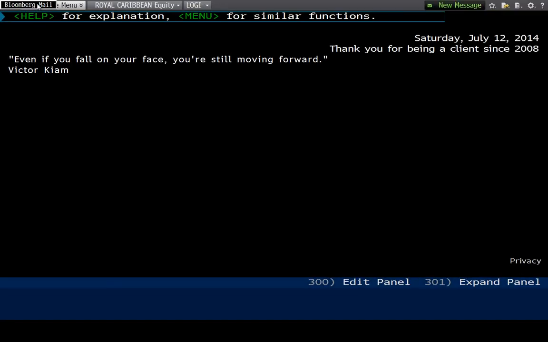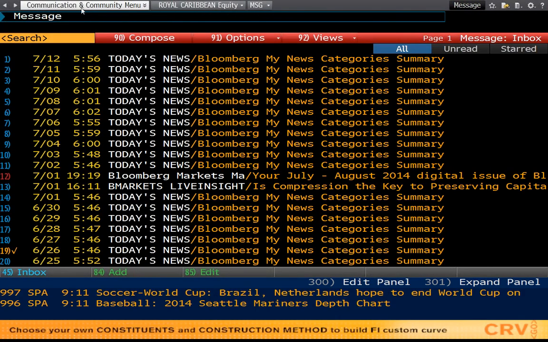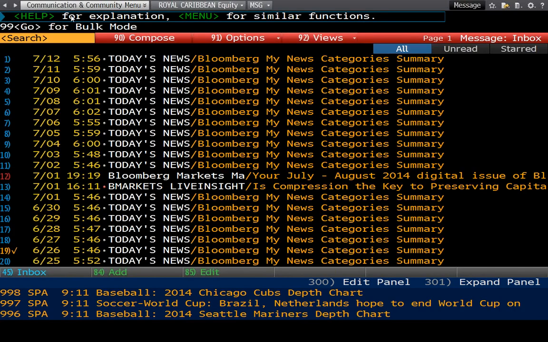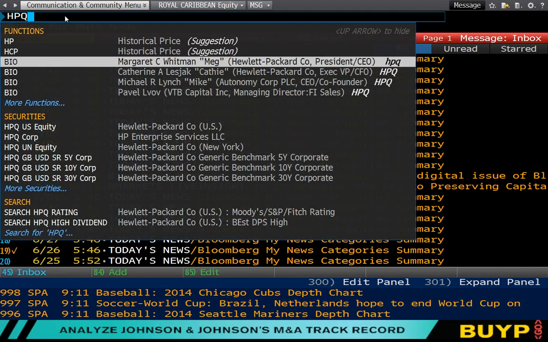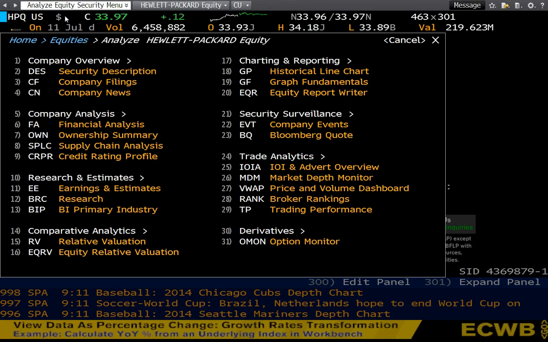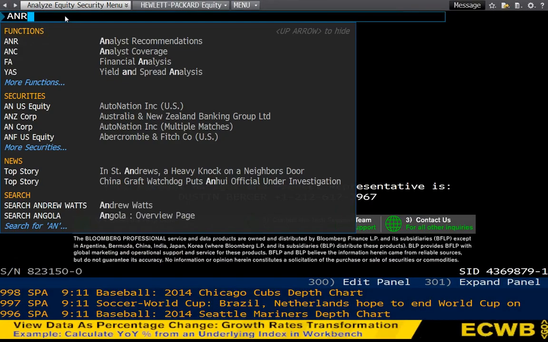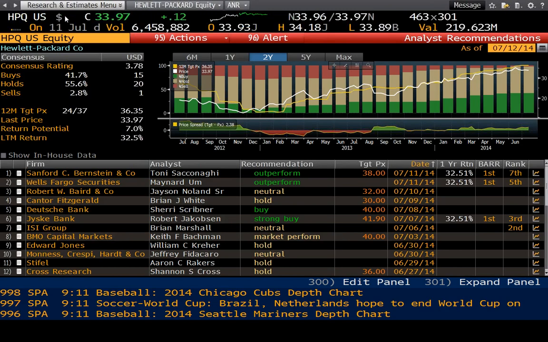So one of the things that we'll probably want to check is the analyst consensus for Hewlett Packard. So I'll go to HP, and that would be under ANR for the analyst recommendations, just to get a sense of where the analysts are in terms of their price targets.